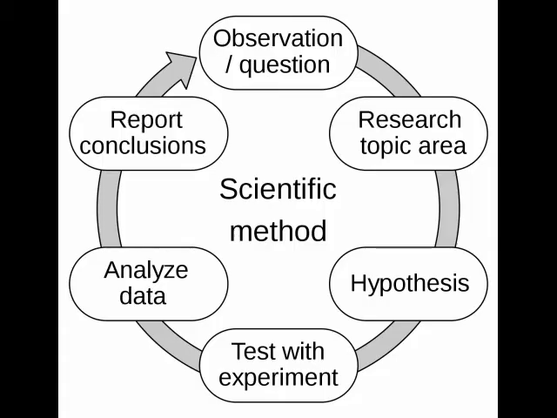Again, referring to Wikipedia here, in a graphic they show at the top of the page, they show in a circle observation question, research topic area, hypotheses, test with experiments, analyze data, report conclusions, and it's in a repeating circle because they have an arrow showing do it again, do it again.